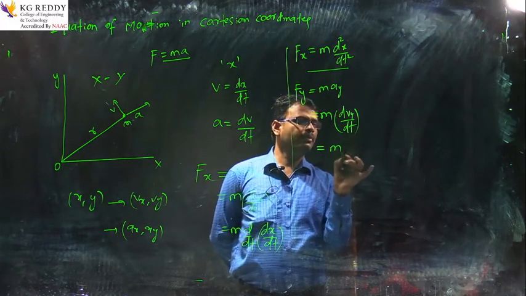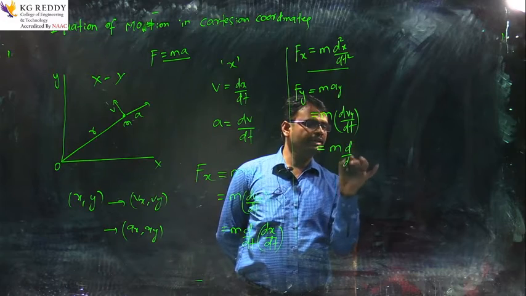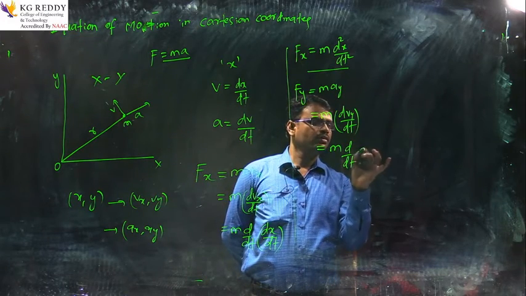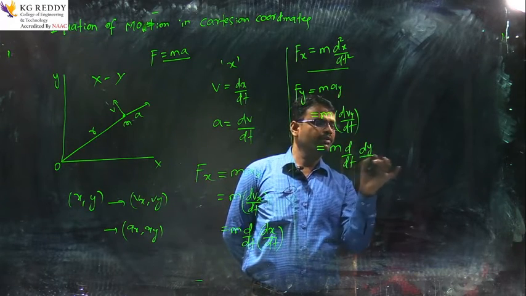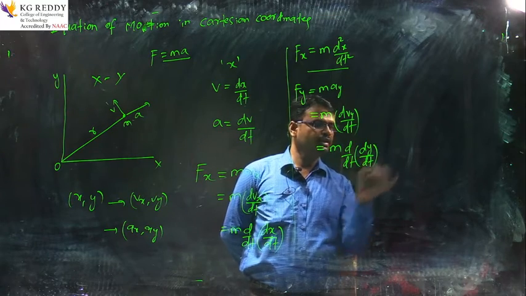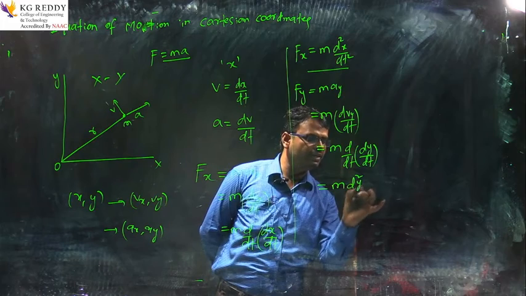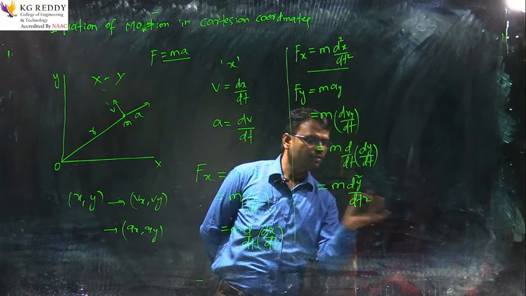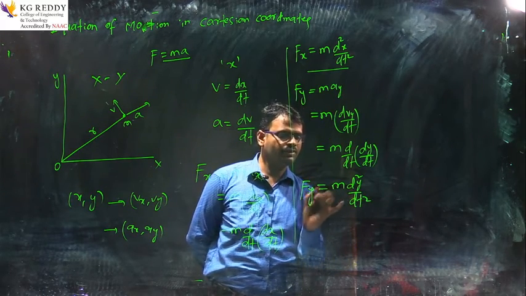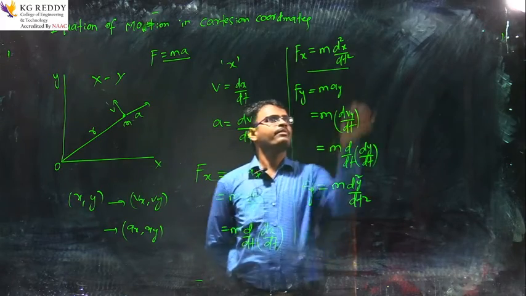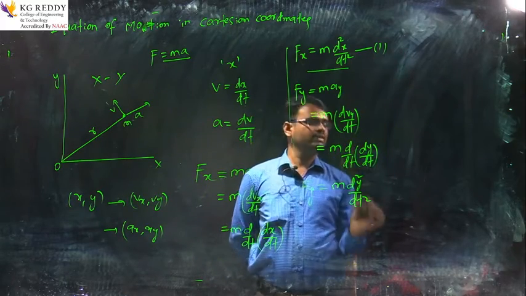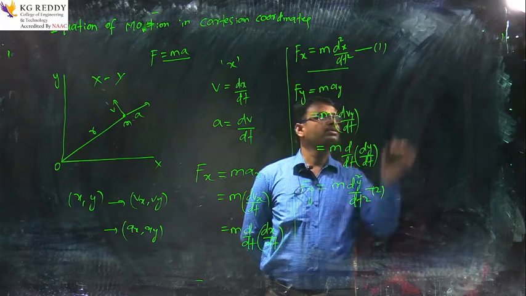Now, m into d by dt of dy by dt implies m into d square y by dt square, which is equal to Fy. This is equation number 1, this is equation number 2.